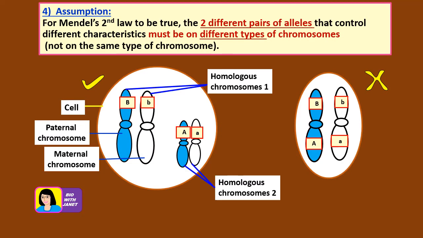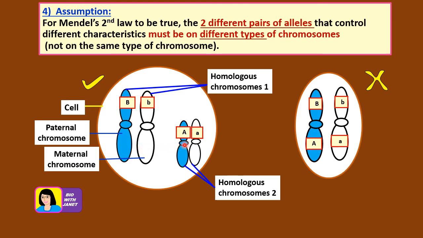Now it's important to know the assumption to make for Mendel's second law to be true. For Mendel's second law to be true, the two different pairs of alleles that control the different characteristics must be on different types of chromosomes and not on the same type of chromosome. For example, like this, as we have seen before, this first pair of alleles, the B alleles, are on a pair of homologous chromosomes, number 1, where there's one paternal chromosome and one maternal chromosome.